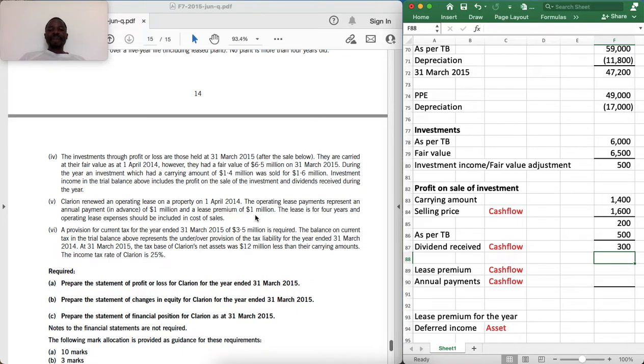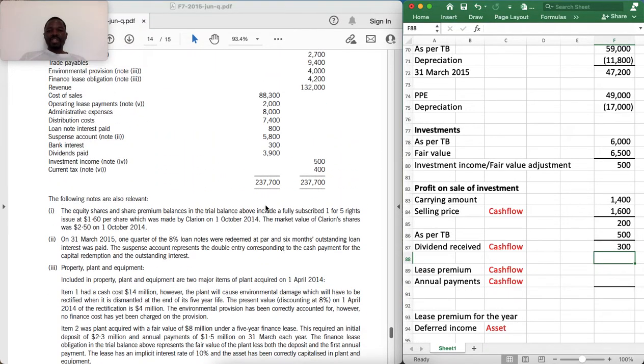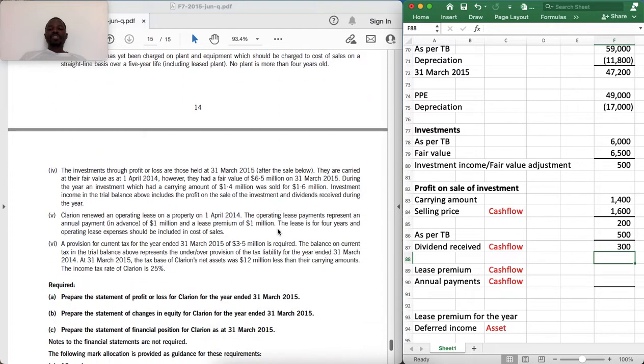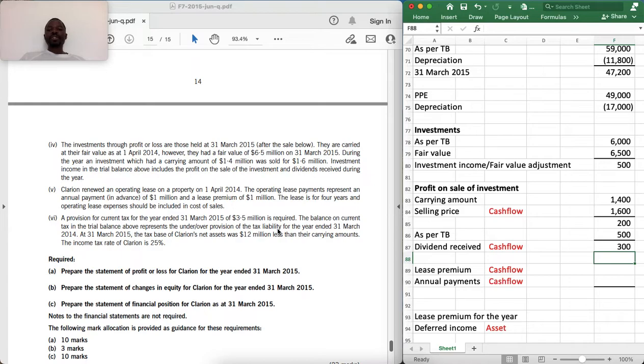The lease premium is for 4 years and operating lease expenses should be included in cost of sales. So this is the figure that we are talking about. Let's go to operating lease payments of 2 million. So this 2 million includes 1 million the annual payment and also 1 million the lease premium.